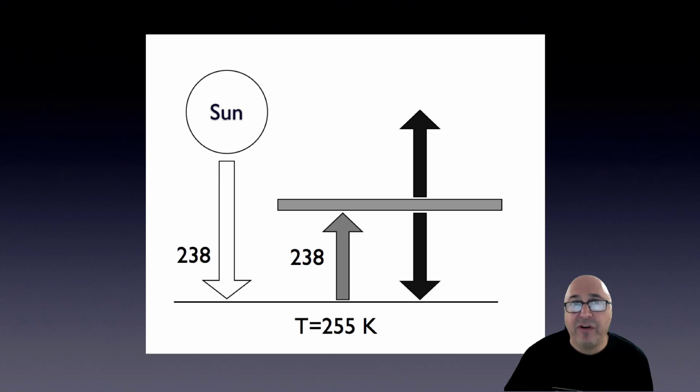The atmosphere, however, is now absorbing all of the photons coming from the surface. Half of the absorbed energy is re-emitted upward to space, and half is re-emitted downward back to the surface. This means that the atmosphere is emitting 119 watts per square meter out to space and 119 watts per square meter back to the surface.